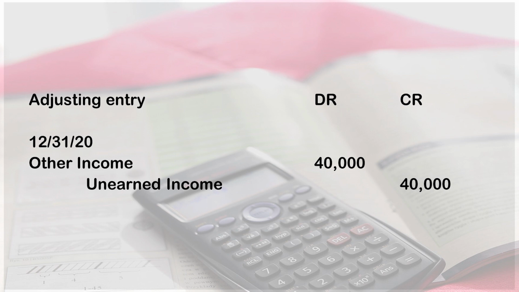Therefore, our entry on December 31: debit other income 40,000, then credit unearned income 40,000. Why unearned income? That represents a liability. Although the amount is already collected, it's not yet earned. For accounting purposes, it should be considered as a liability, and the correct account is unearned income.